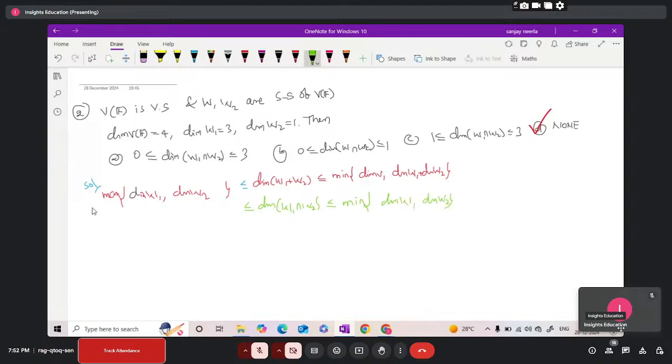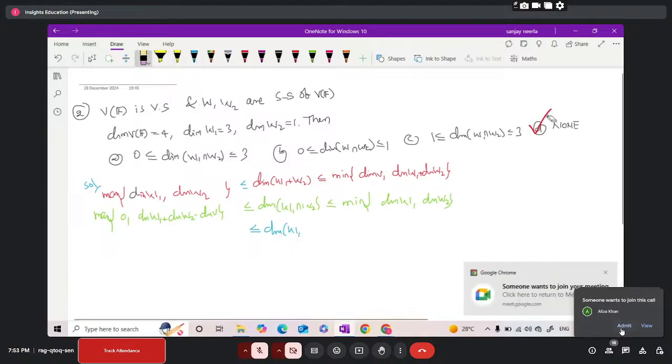Okay. Left side is the maximum of 0 comma the dimension of W1 plus the dimension of W2 minus the dimension of V. Okay. Now we'll solve the problem.